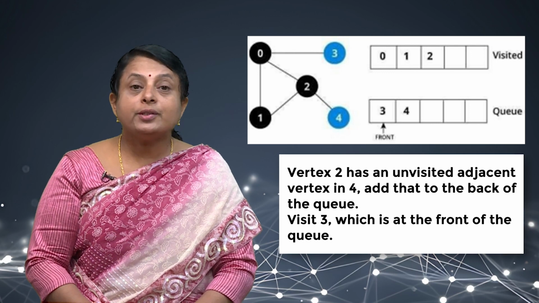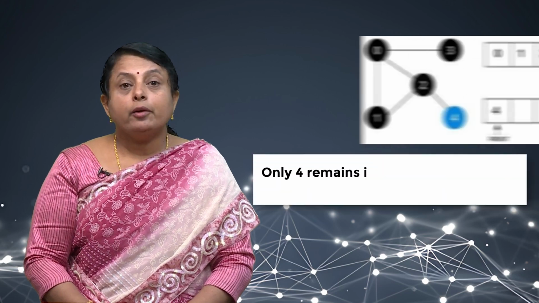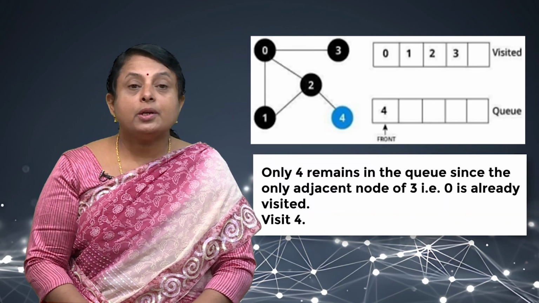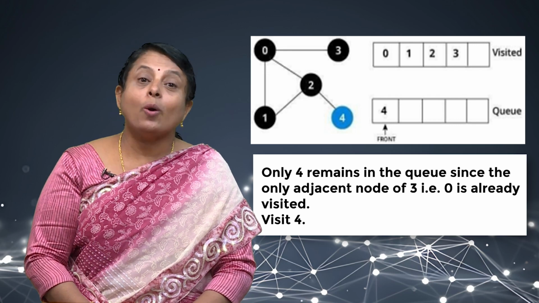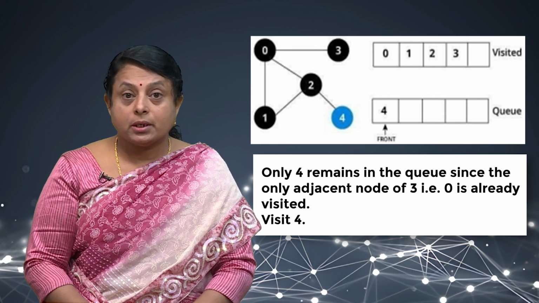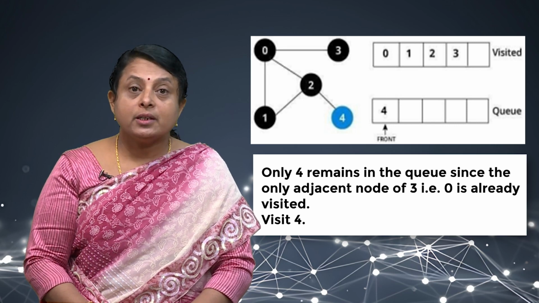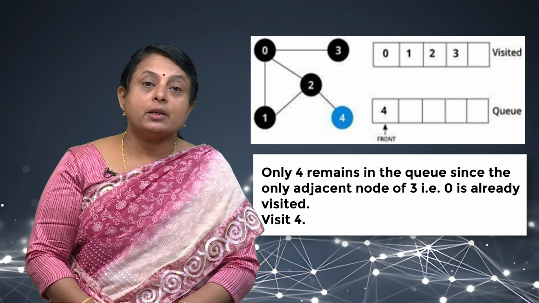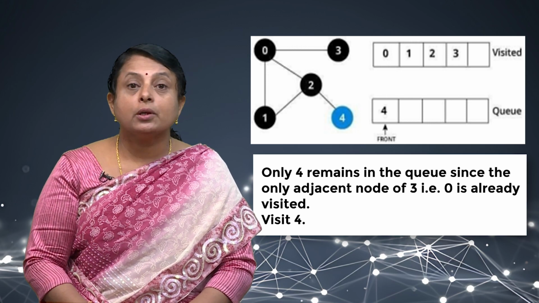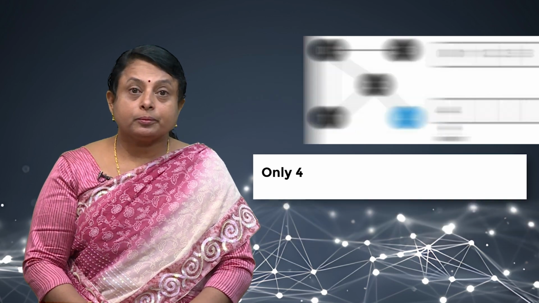So, now visit 3 which is at the front of the queue. Only 4 remains in the queue since the only adjacent node of 3, that is 0, has already been visited. Hence, visit 4. Now, the visited list will be consisting of 0, 1, 2 and 3 and the queue will be consisting of only a single element, that is node 4, and front is pointing to 4.